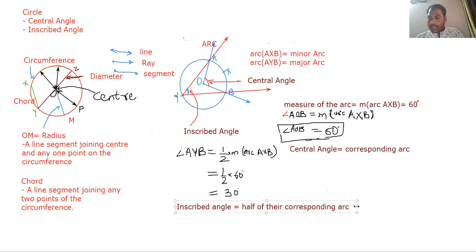One more very, very important thing. Instead of the measure of arc AXB, I can write angle AOB, because the angle AOB is equal to the measure of arc AXB. Let's say this is equation number 2, and this one is equation number 1.